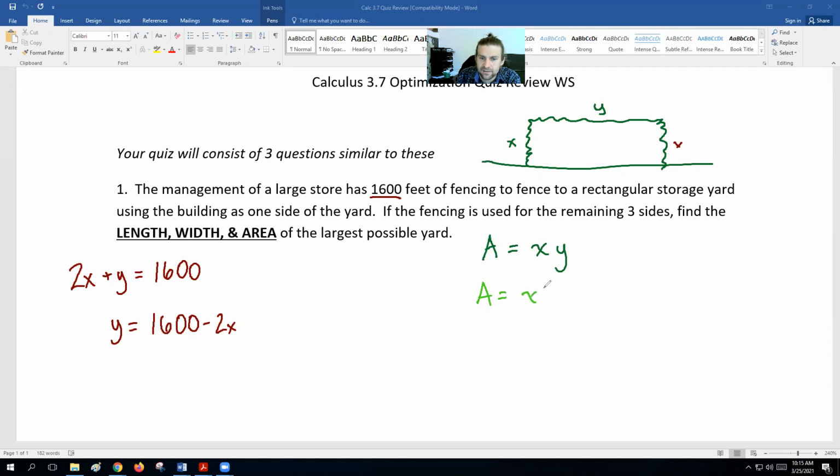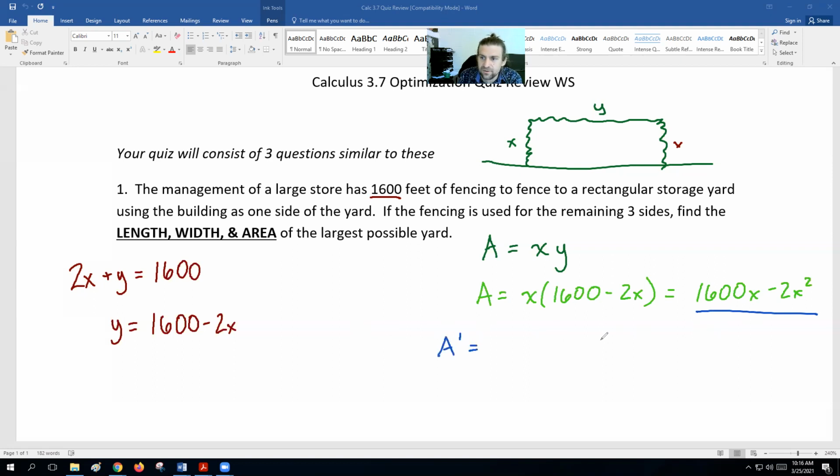The area would be x times 1,600 minus 2x. Or in other words here, if we distribute the x, it is 1,600x minus 2x squared. Okay, so if we want to maximize any equation, we need to take the derivative of it and set it equal to 0.